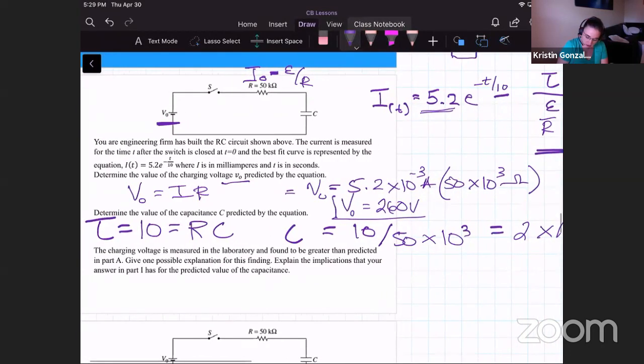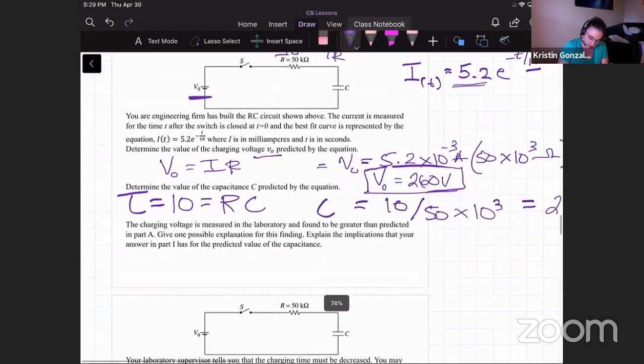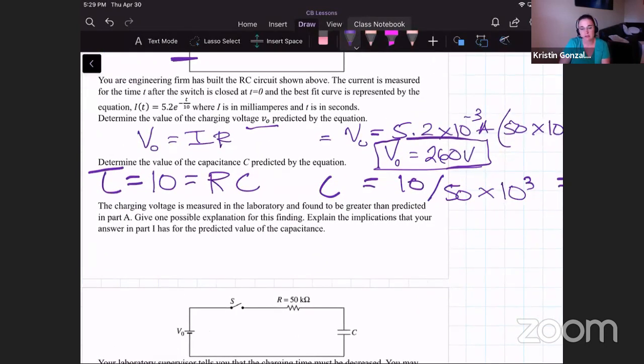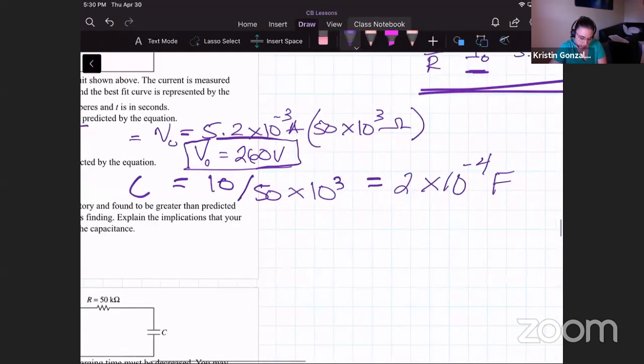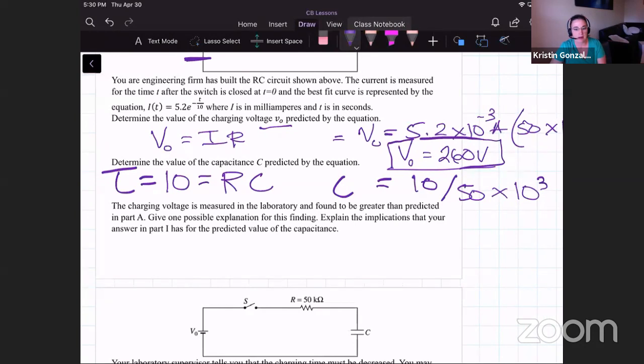So we found that it was 260. So we measure it, and it's actually going to be greater than 260 volts. So give one possible explanation for this finding and explain the implications that your answer has for the predicted value of capacitance. Okay, so why would it be higher than this, and what would it mean about our capacitance of our capacitor? So I'm going to pause for a moment here and let you think about it.